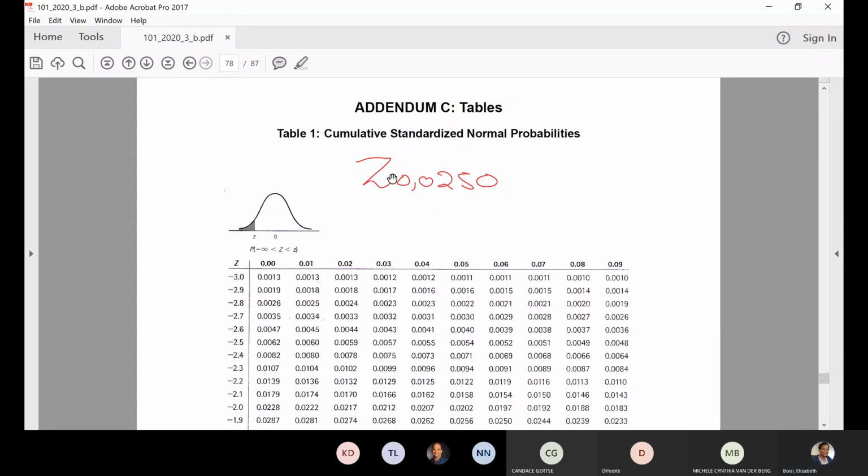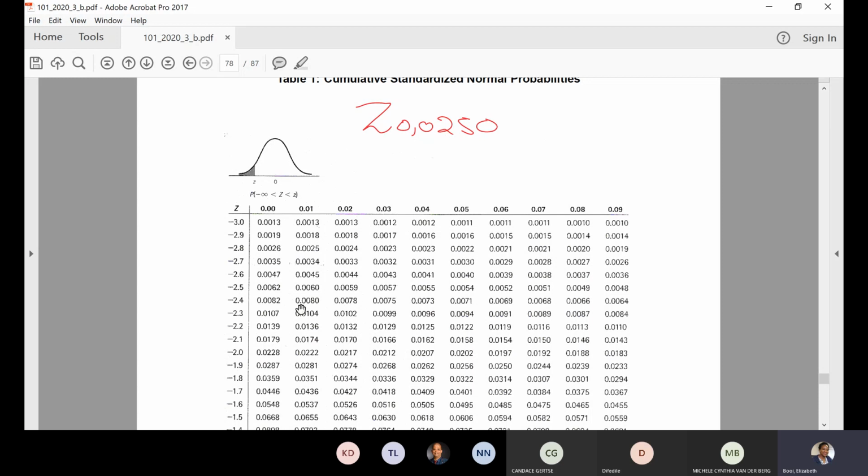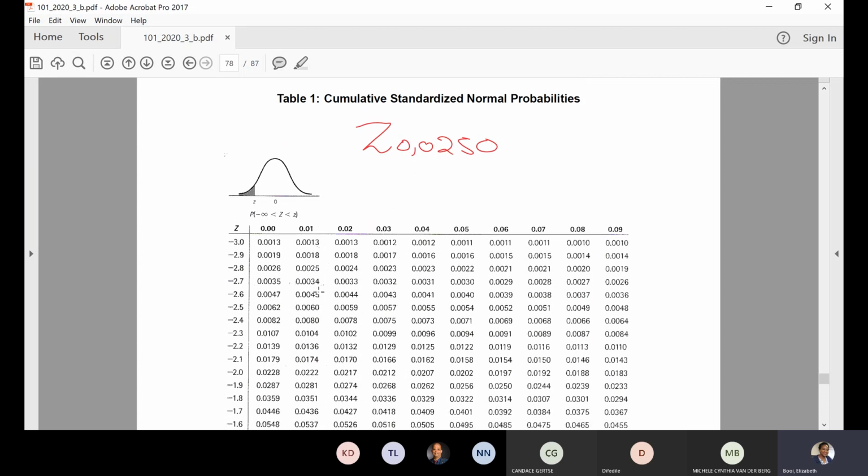So to find the critical value, because we're looking for the critical value, we need to come to the table. You're always going to find the critical value by using the negative side of the table. The table has 2 sides, a positive and a negative side. Later on, we can learn how the positive works. But for the critical value, we're going to use the negative side of the table.